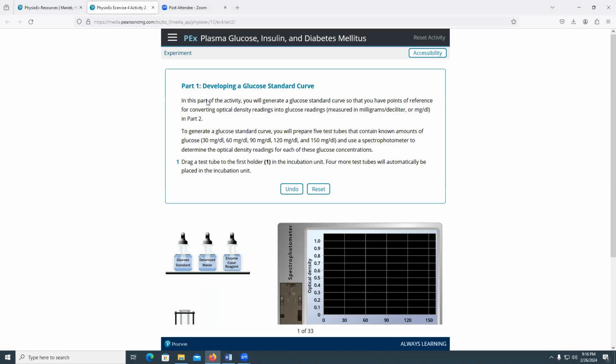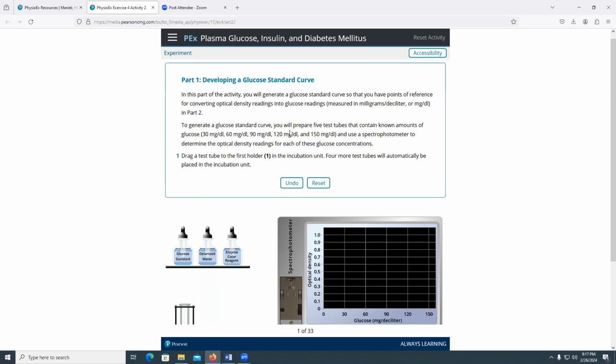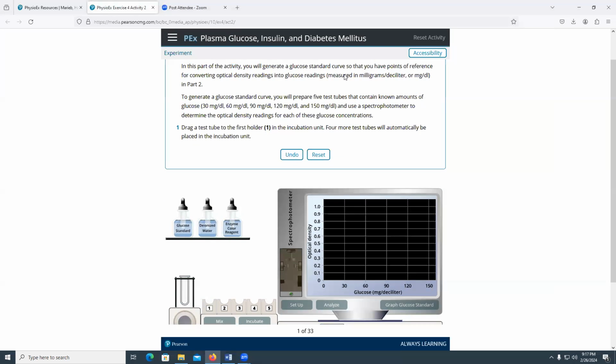So let's begin. It says in this part of the activity, you will generate a glucose standard curve so that you have points of reference for converting optical density readings into glucose readings measured in milligrams per deciliter.